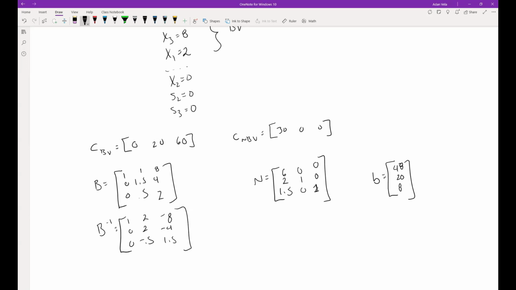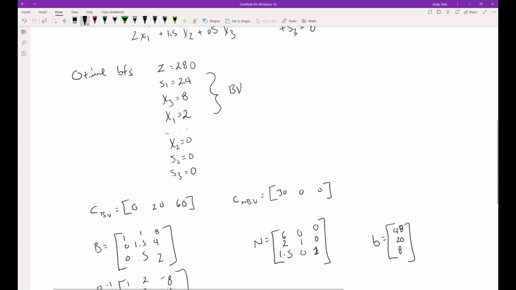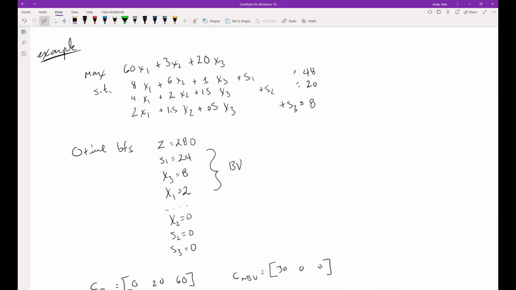Our goal is, let's say we wanted to figure out the sensitivity to the cost of X2.